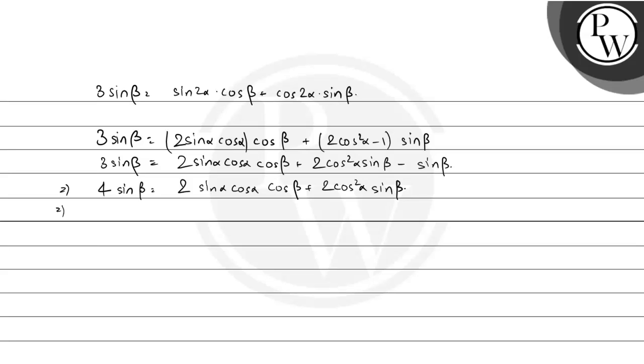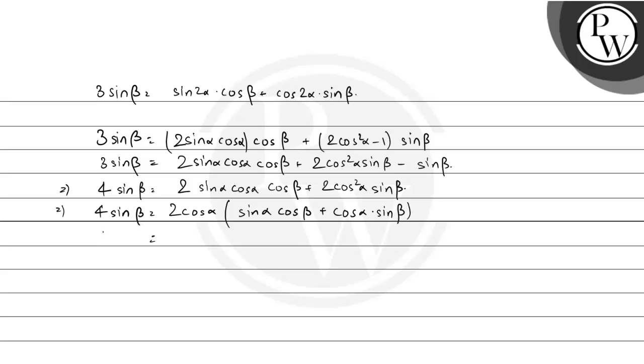So this becomes 4 times sin beta equals 2 cos alpha times sin alpha cos beta plus cos alpha sin beta. Now this reminds me of an identity which is sin of a plus b, where a would be alpha and b would be beta.